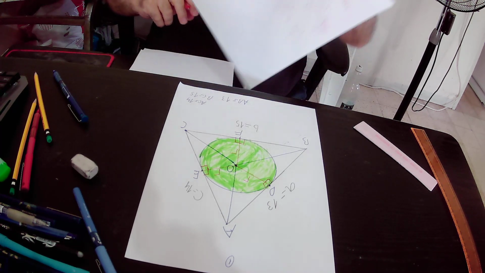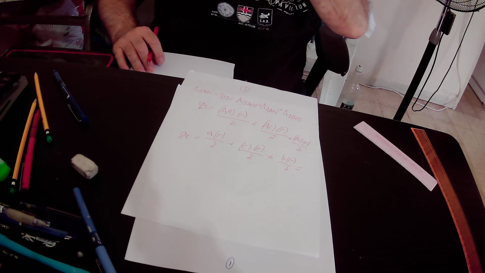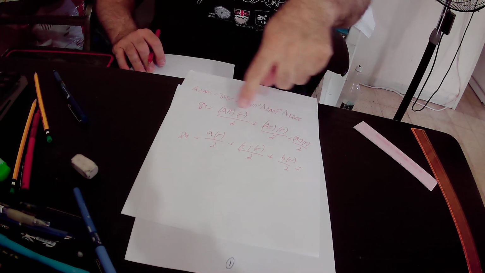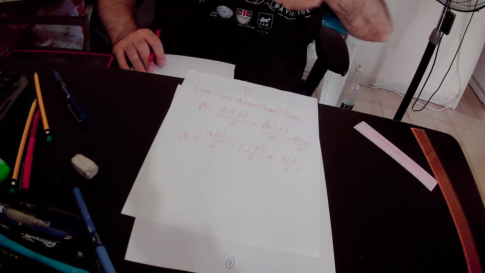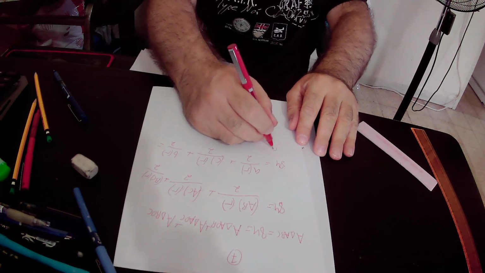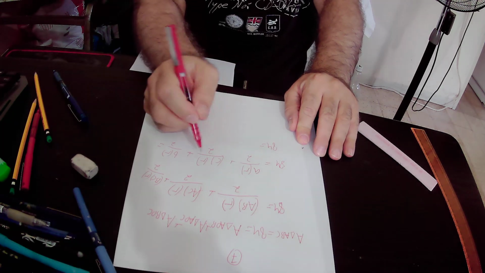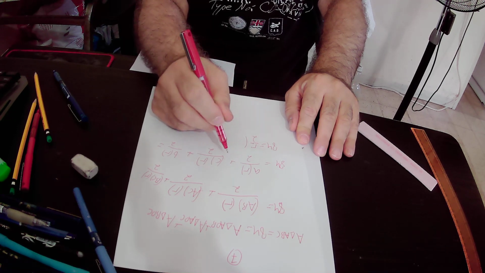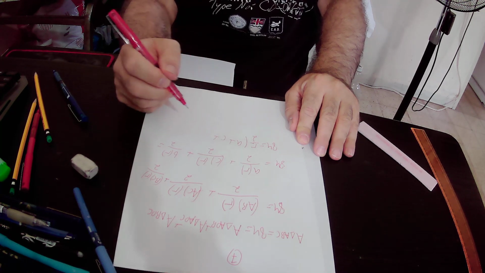Okay, in total we got this expression. So here we can take a common factor R over 2 out of this expression, and we will get that 84 equals R over 2, and inside the brackets we will have A plus C plus B.